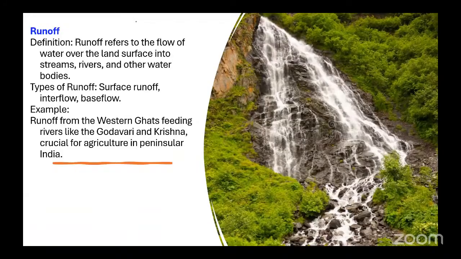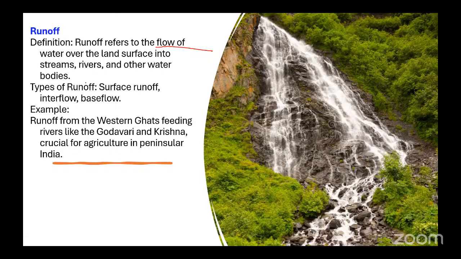Next, we'll go for runoff. What is the definition of runoff? Runoff refers to the flow of water over the land surface into streams, rivers, and other water bodies. The types of runoff are surface runoff, interflow, and base flow.